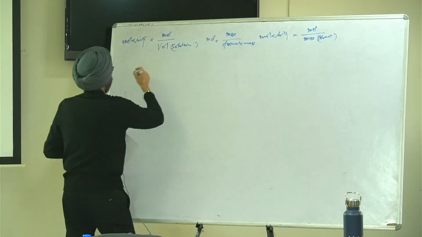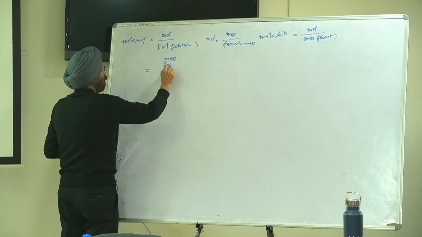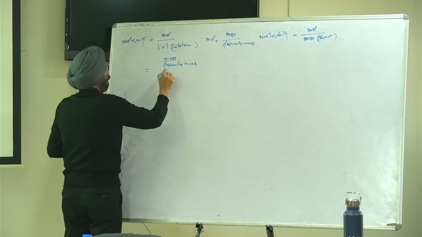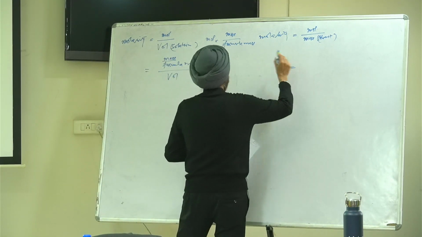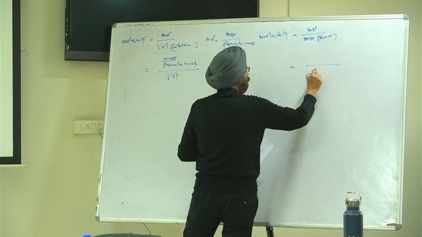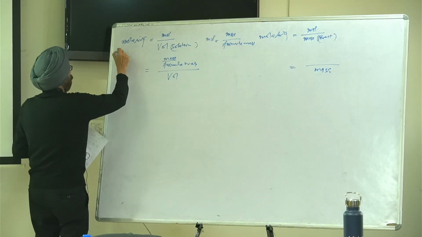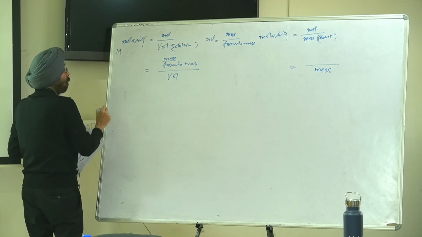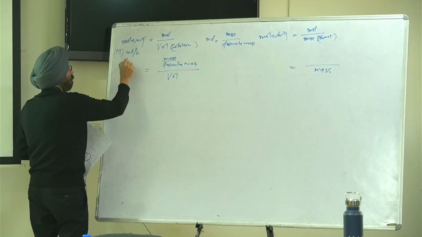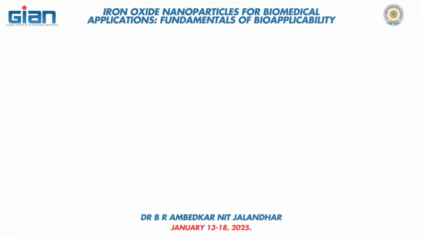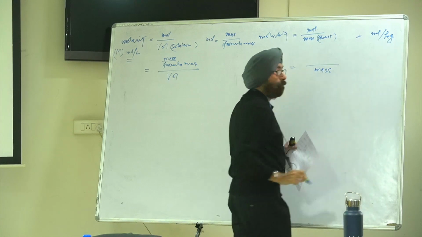If I place that in both cases, it is mass divided by formula mass, and here it is volume, and here it is the mass. But in order to arrive at the units, you know that molarity is molar. Molar is a short form for mole per L. On the other hand, molality is mole per kilogram.